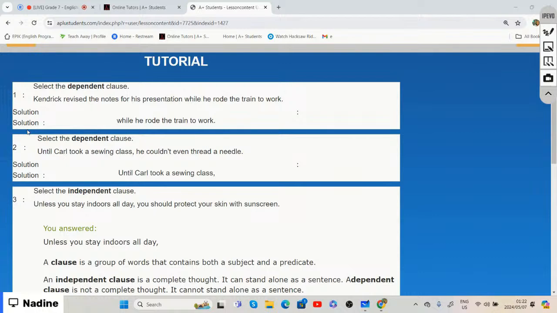The words that we would say is the dependent clause will be while he rode the train to work. So the question is, what or who happened before then?